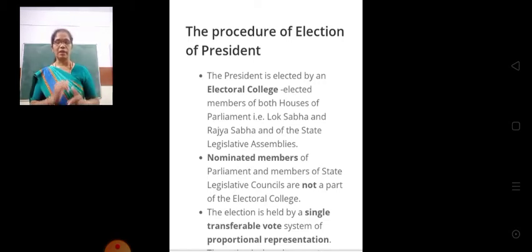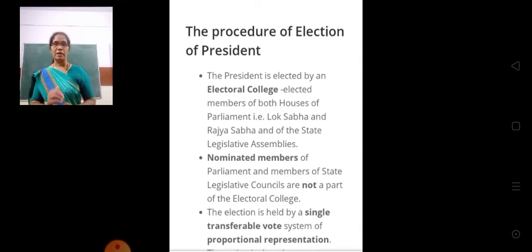The electoral college consists of the elected members of the Lok Sabha, the Rajya Sabha and the state legislative assemblies.